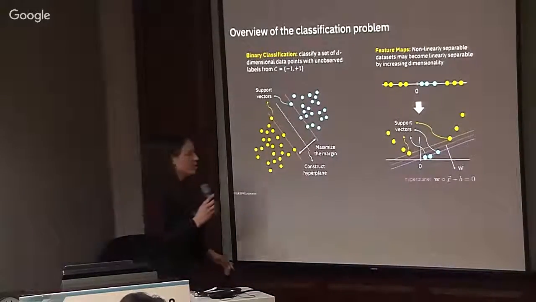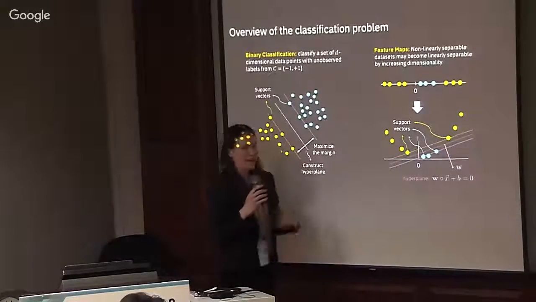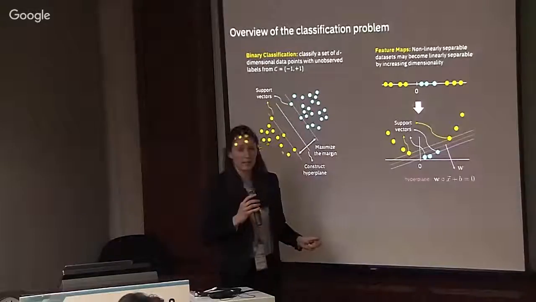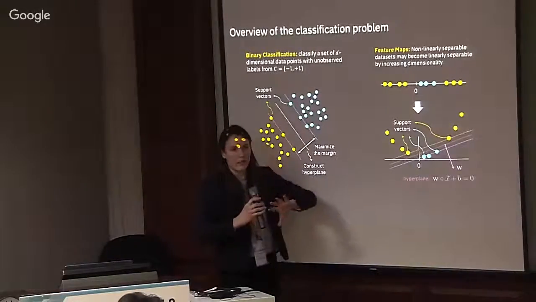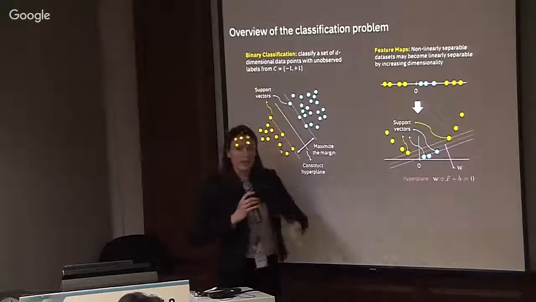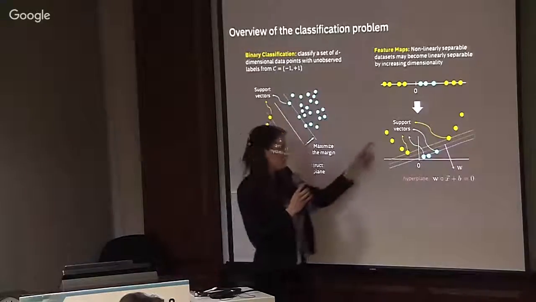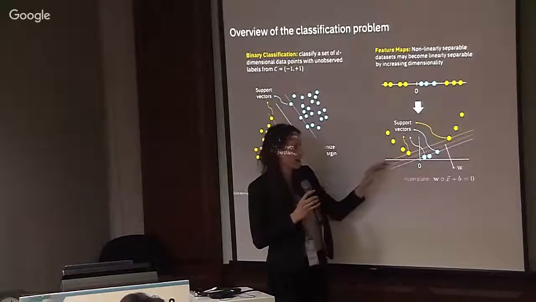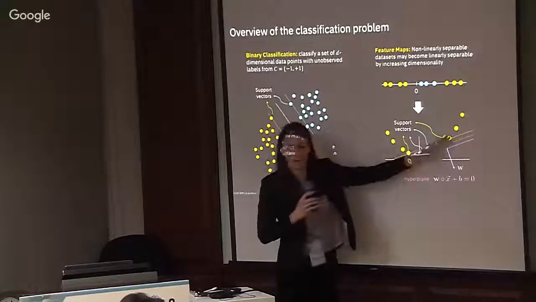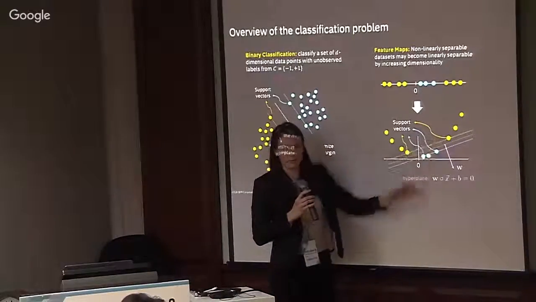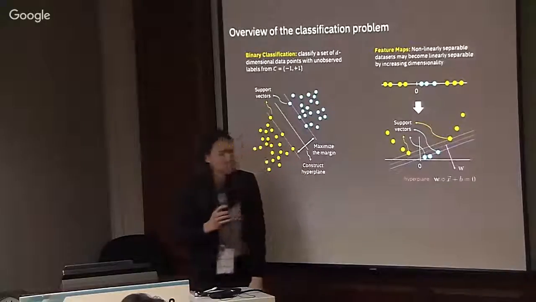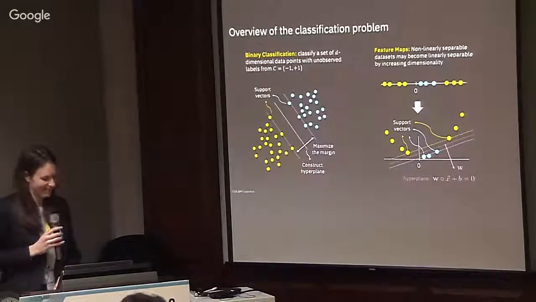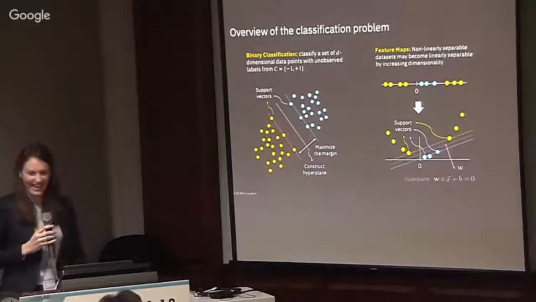And what that means is you're adding another dimension or many more dimensions to your data points in order to separate them in such a way that you can linearly separate them. So here we just added one extra dimension to make this parabolic, and now you can draw a straight line to separate these data points. Does that make sense?